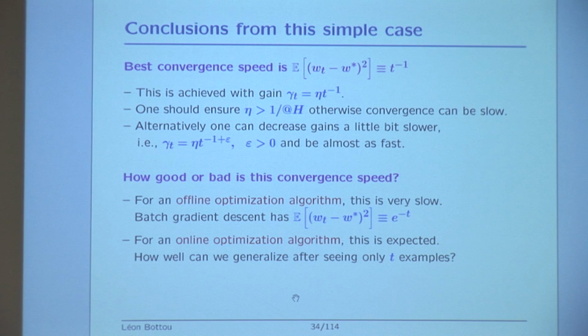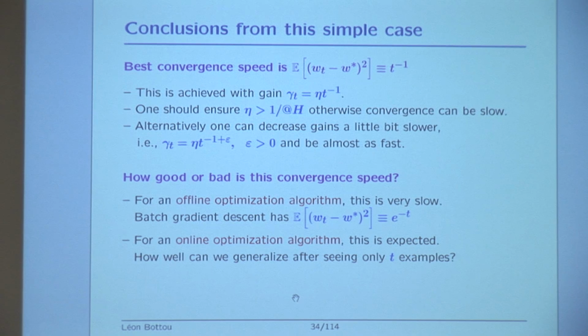So you get that the best convergence speed you can achieve is that the expectation of the squared error on the parameter is in 1 over t. This is achieved with a gain that has the form eta t minus 1. You should make sure that eta is greater than 1 over 2h, the second derivative.